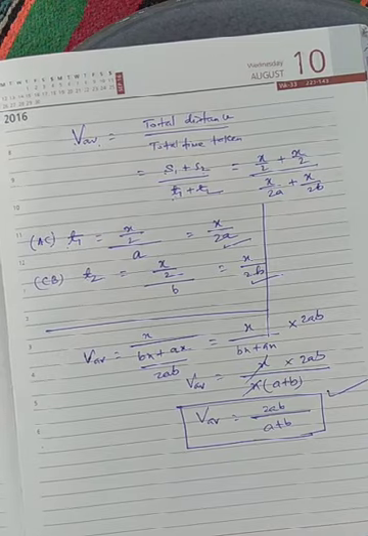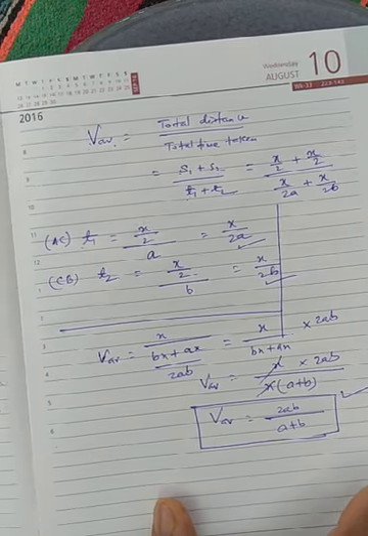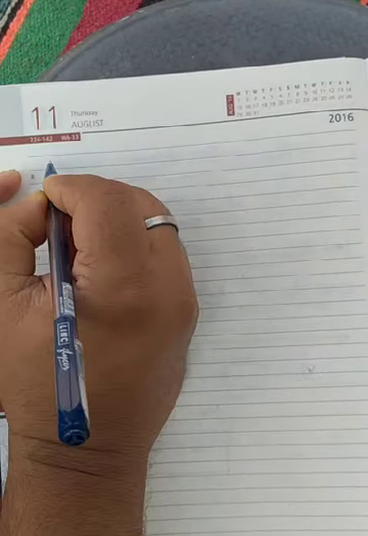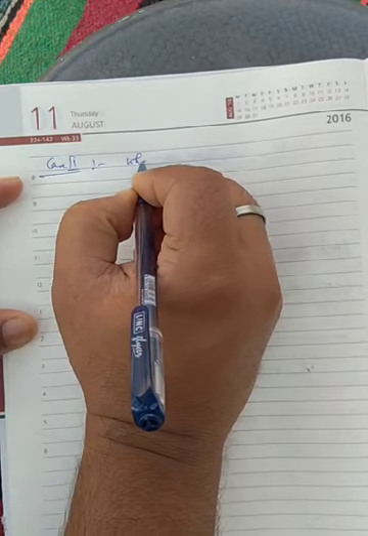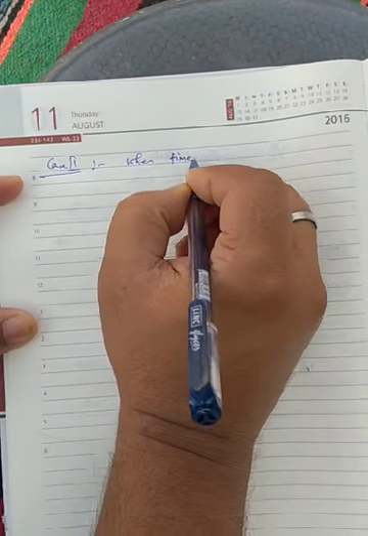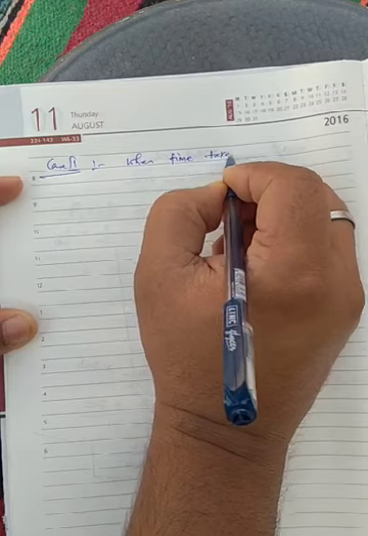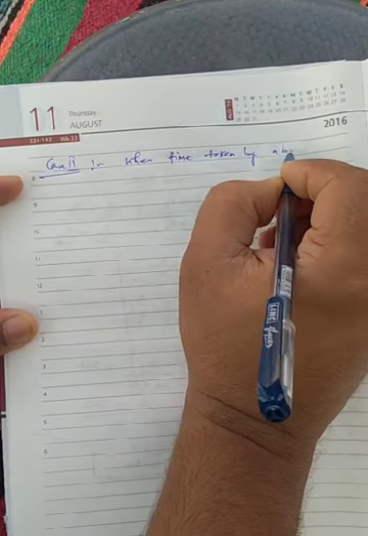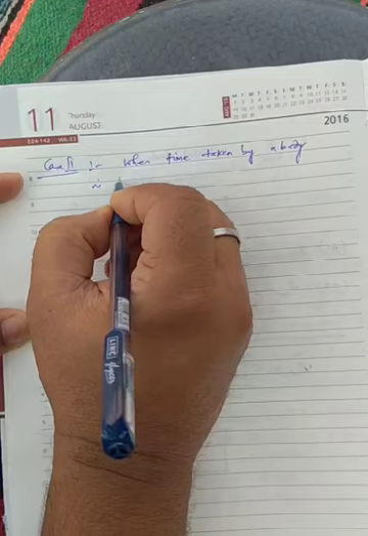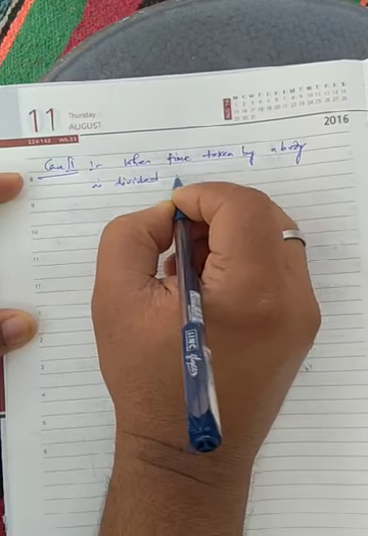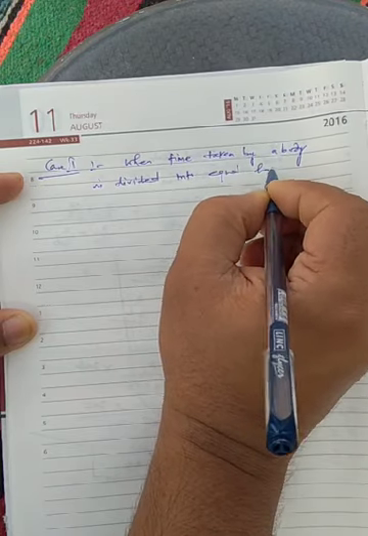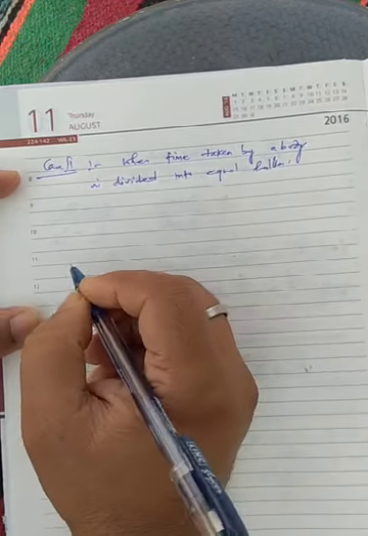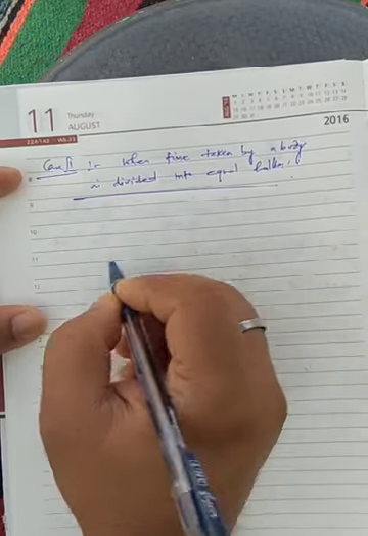Now there was another case, case number 2, when the time taken by a body is divided into two equal halves.